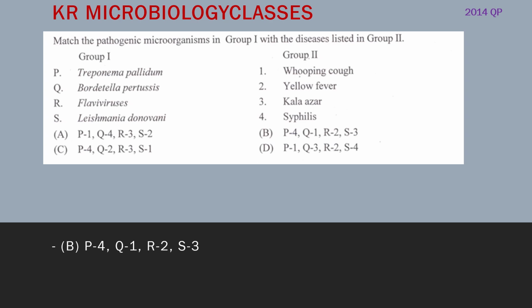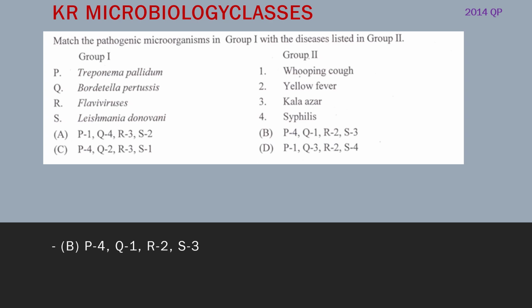And in group 2, whooping cough, yellow fever, kala azar, syphilis. We already observed the same kind of bit in the previous years also, right? In 2013 also. See here, Treponema pallidum causes syphilis, Bordetella pertussis causes whooping cough, flavivirus causes yellow fever, and Leishmania donovani causes kala azar. So the correct answer is option B.